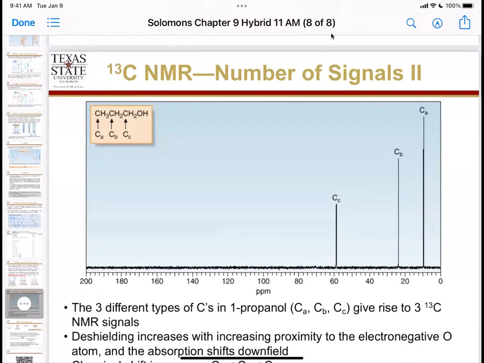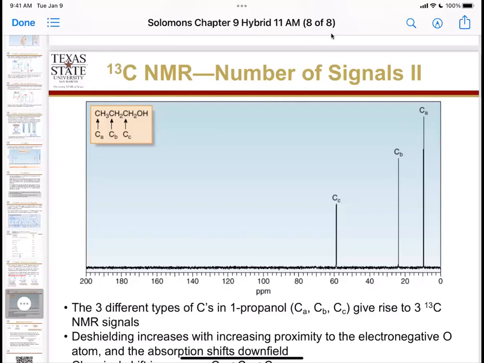But we have one signal, two signals, three signals. It looks like this one is going to be the most hydrocarbon-like, this one next most hydrocarbon-like, and then this one is going to be bonded to an electronegative atom, right? And this one's probably attached to that one because it shifted downfield partially, and this one's probably the farthest away from our electronegative atom.